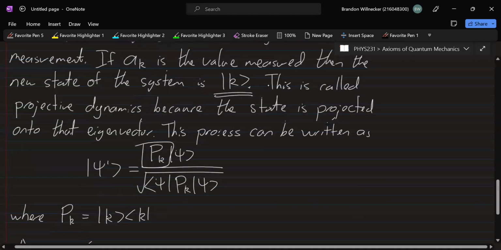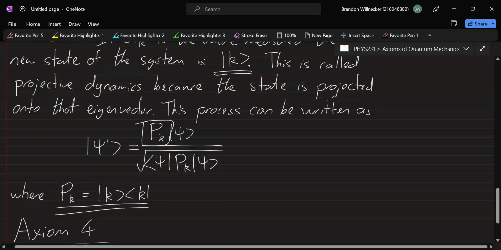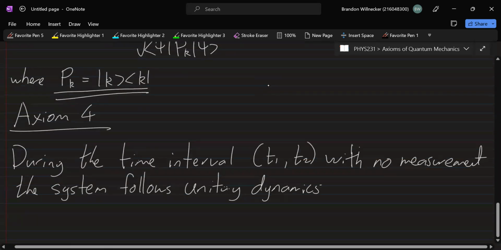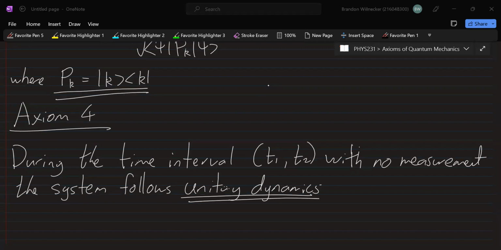So when there's a measurement, we have projective dynamics. When there is no measurement, we have unitary dynamics.